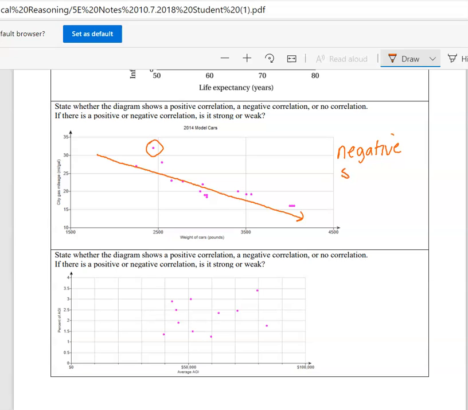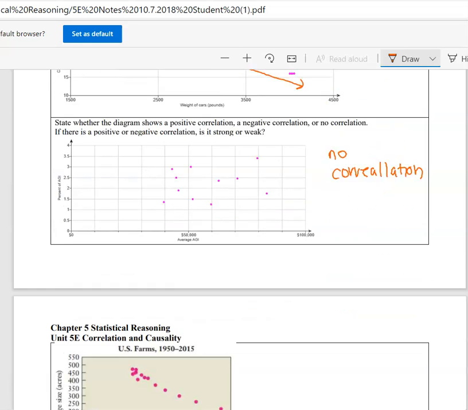So it's a pretty strong correlation. They're not exactly perfectly on there, but they're not way spread apart. This one down here, I couldn't even tell whether to draw the line up or down. This is a no correlation. It's an example of one that has no correlation.